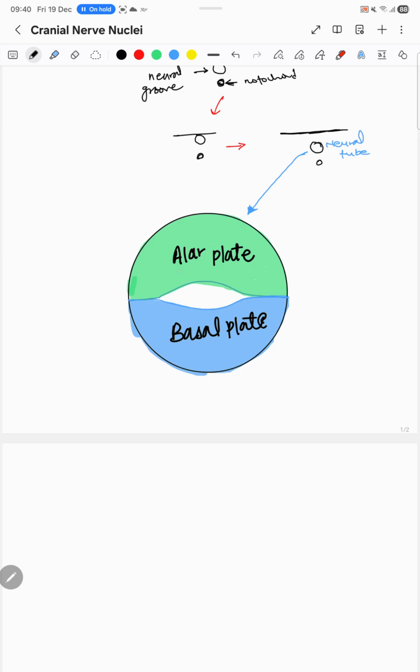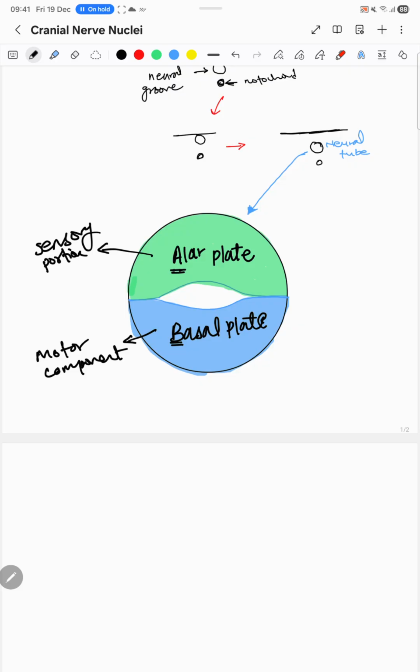I used to remember this like A comes before B, so it has to be the sensory portion, and B comes after A, so this has to be the motor portion, the motor component, right?